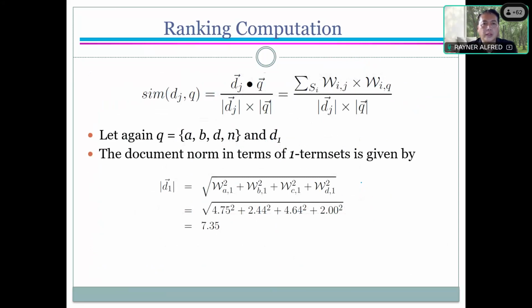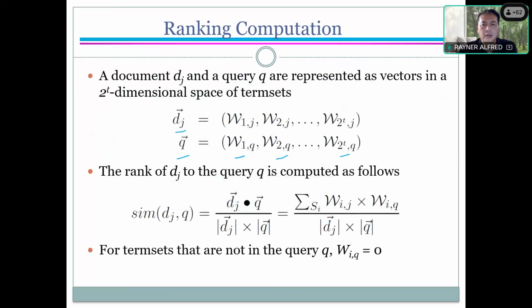Okay, so again, in the previous exercise, we also needed to normalize. So we will look into the length of the document. So for the length of the document, we are looking at only the term set or the keywords used. So since our Q is ABDN, we only consider ABDN. So this is the length of the document. Okay.